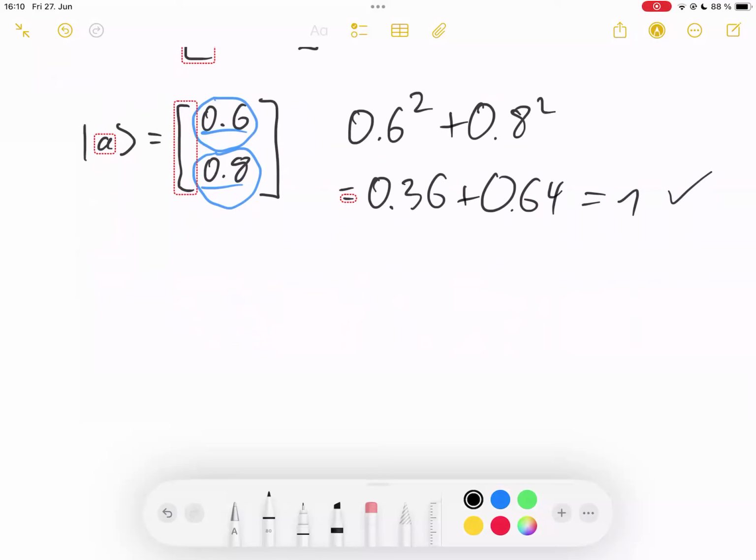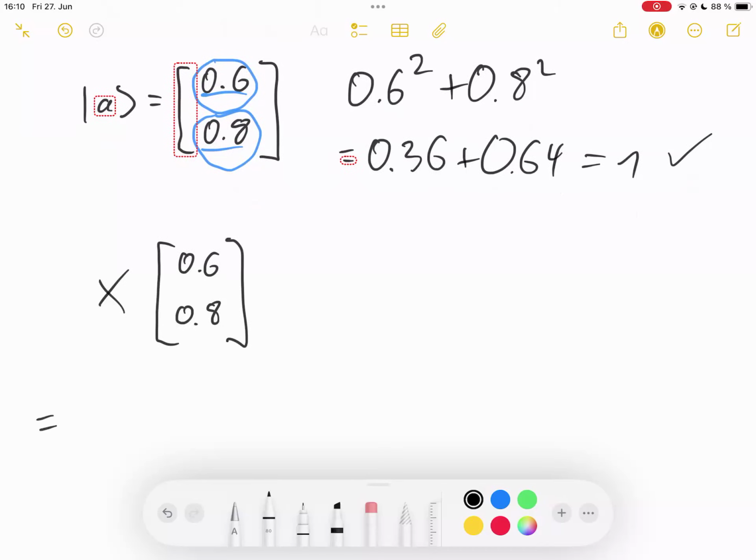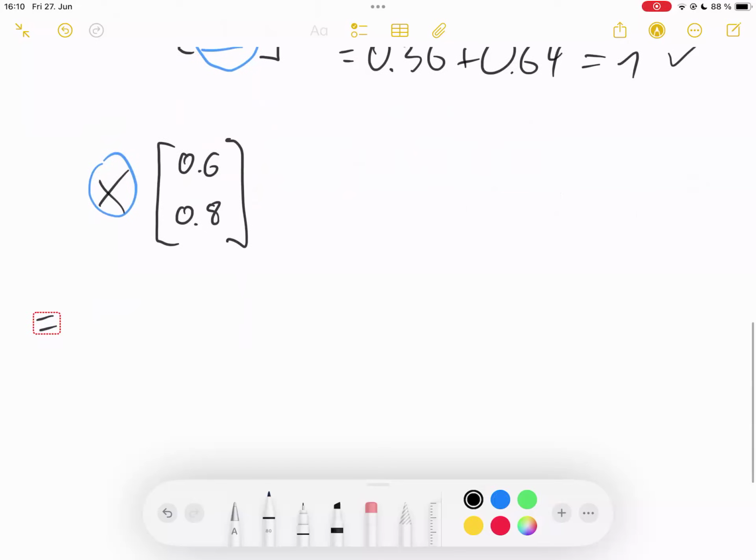And now I want to apply this NOT operation to my qubit, and X is a matrix, and I would multiply my vector |a⟩ from the right. So 0.6 and 0.8, I multiply from the right with my matrix X. Remember, X is 0, 1, 1, 0.